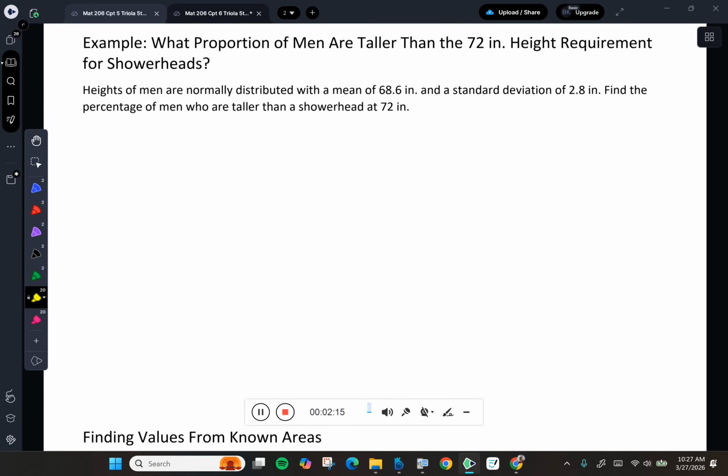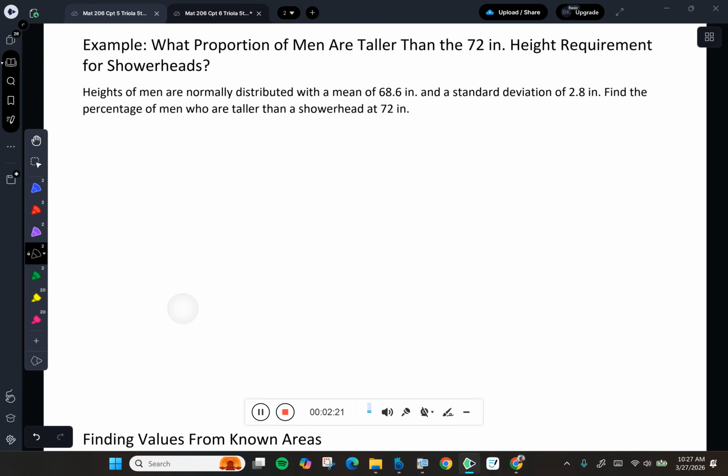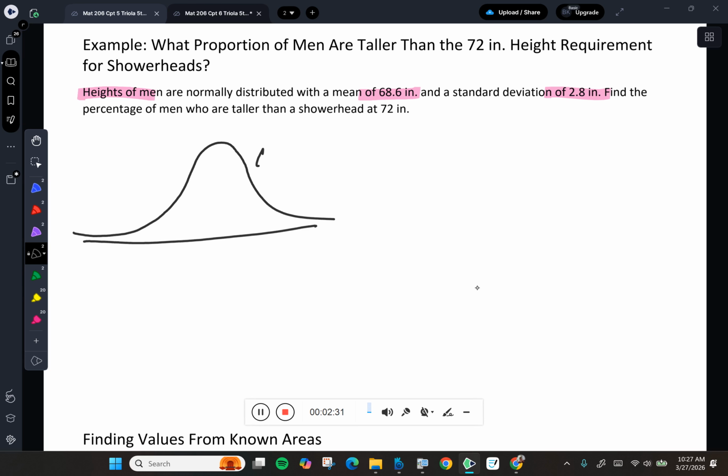Okay, so I want to find the proportion of men who are taller than that 72 inches. And I'm told that the heights of men are normally distributed with a mean of that and a standard deviation of that. So that means I'm looking at this problem where the mean is 68.6 inches. The standard deviation is 2.8 inches. Over here somewhere is 72 inches.